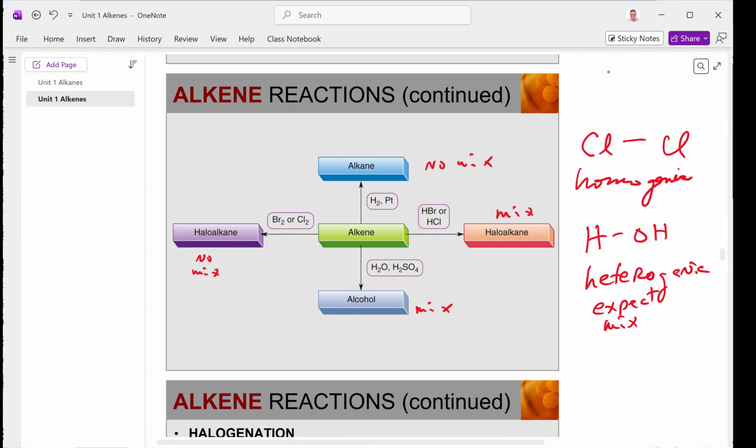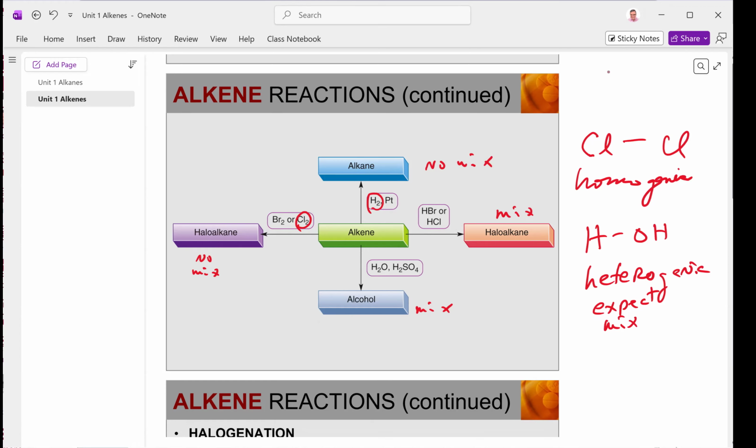Whenever you have a heterogeneous additive, it's going to expect a mix. When you have a homogeneic additive, there will be no mix. It'll be just one product. All right. So this here is homo, the H2, Cl2, again homo.